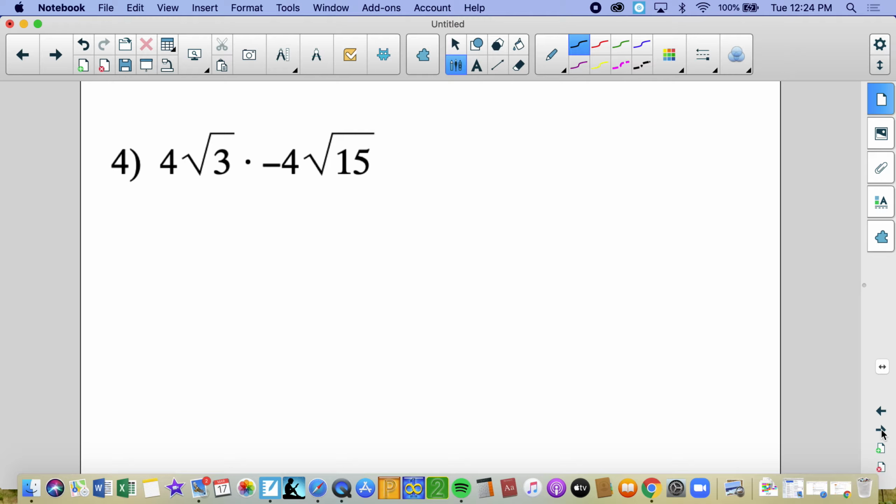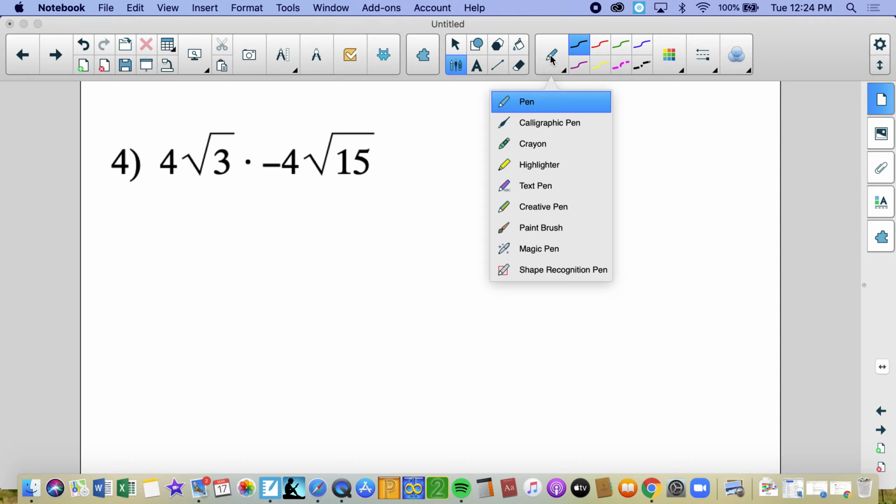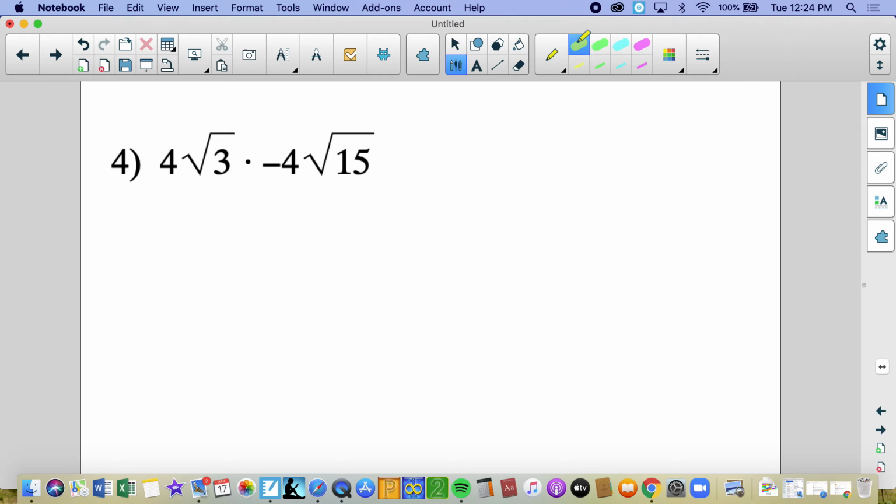The next problem, now we start having coefficients in front of these radicals. So the first thing we're going to do is multiply the outsides with the outsides. We have 4 on the outside, we have negative 4 on the outside, so that's going to make negative 16. And then we have rad 3 and rad 15.